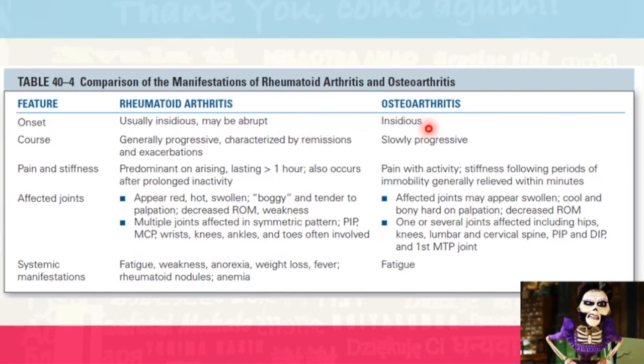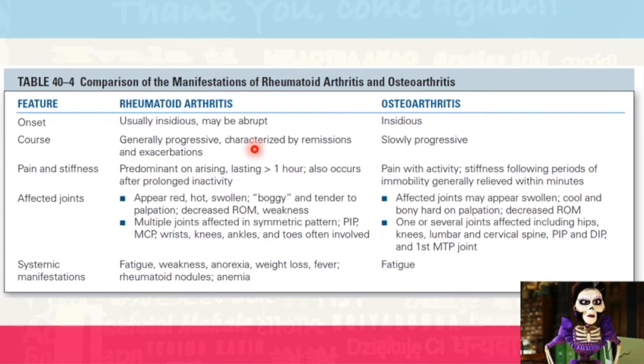Since osteoarthritis is a degenerative problem, it tends to be slowly progressive, whereas rheumatoid arthritis is generally progressive, characterized by remissions and exacerbations. Recall that remissions and exacerbations are usually characteristic of a patient with an autoimmune problem.